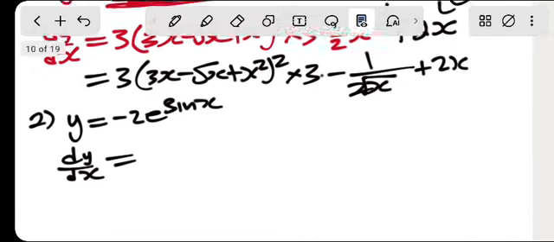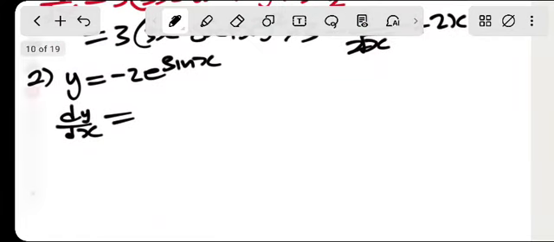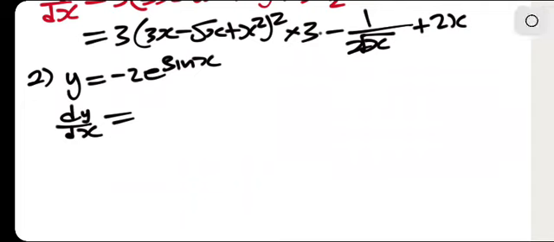How do you differentiate an exponent? We know this even from N4 level. We know how to differentiate this. It will be dropped, will multiply by the derivative of the exponent, right? We'll multiply by the derivative of the exponent, whereby our exponent is sine x.